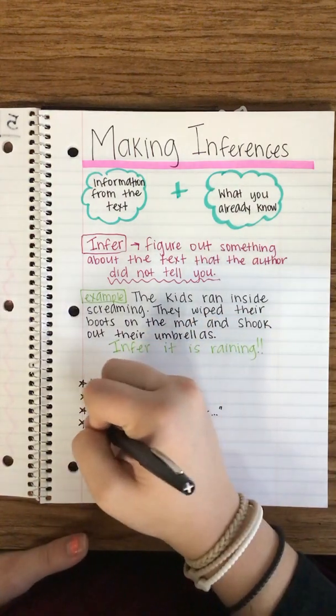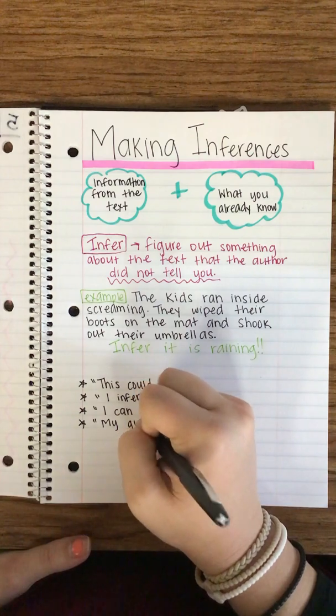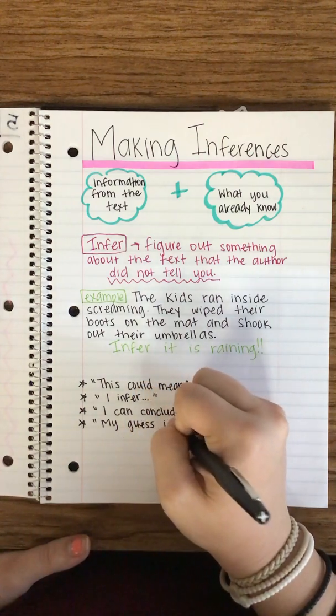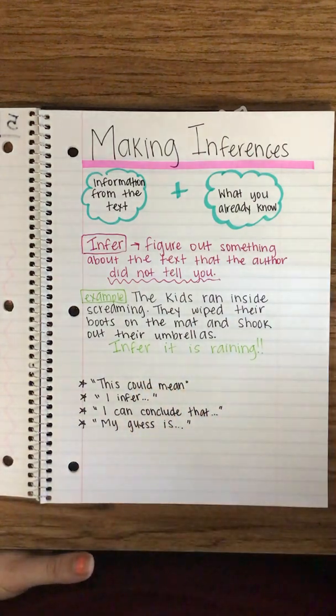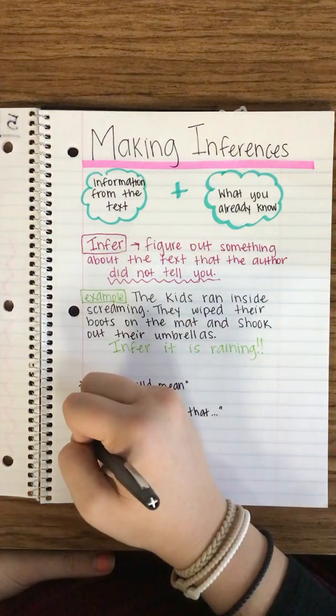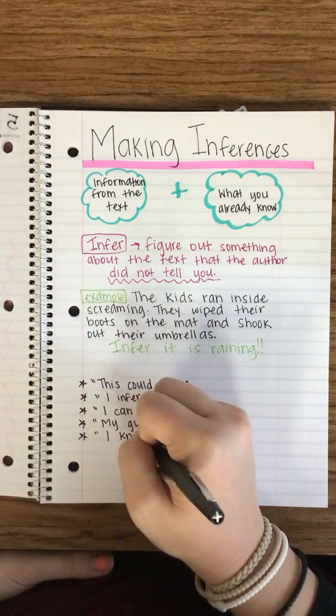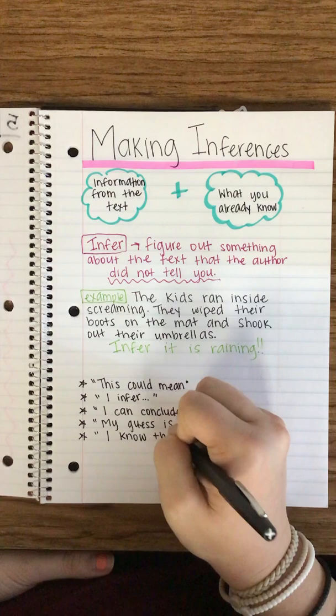Another thing you can say, my guess is. And then another thing, last one, you can put I know that. And that helps with your inferencing.